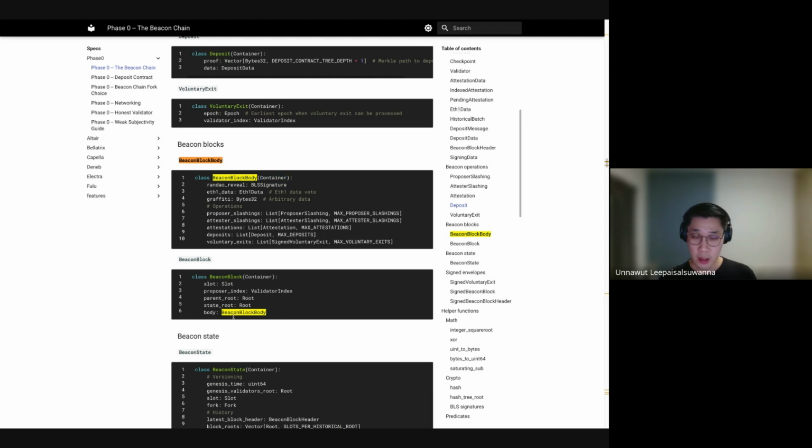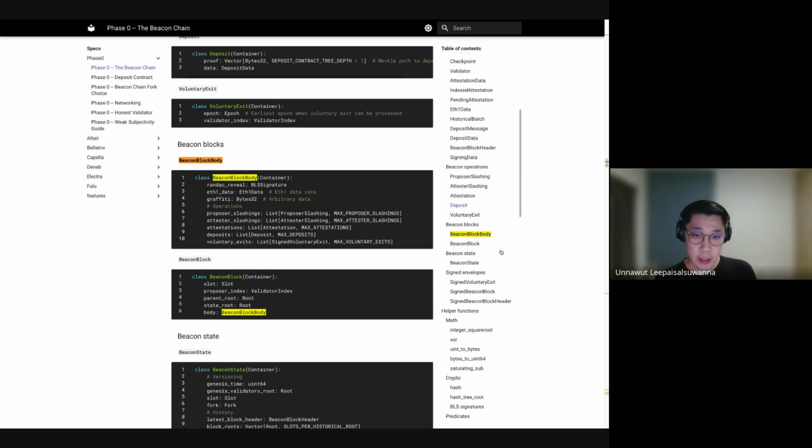You can see here that if you plug the entire beacon block body in here, you can actually compare the root of this beacon block body against the root that's actually stored here. And then you're basically able to expand it into a fuller content based on the root that you can compare between the two data.